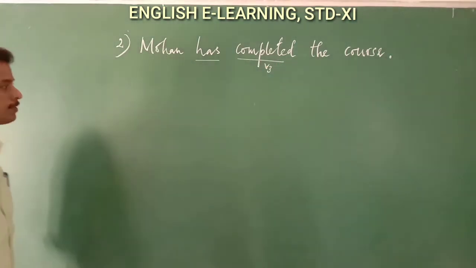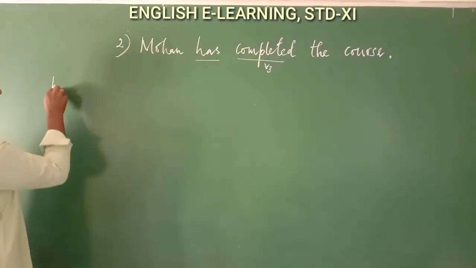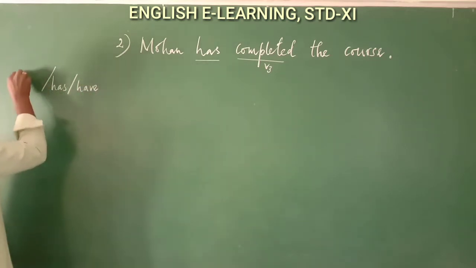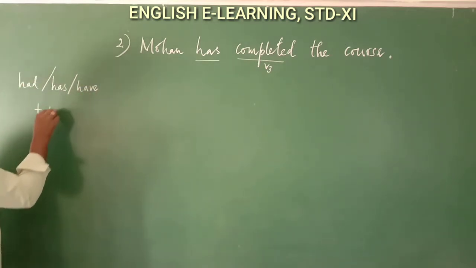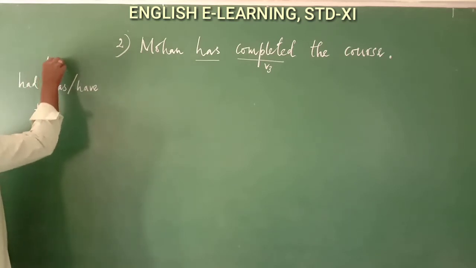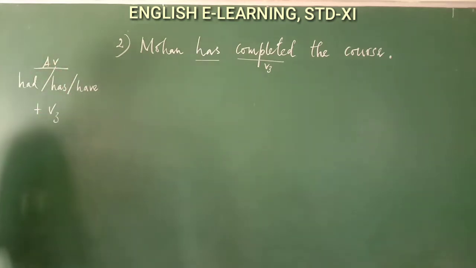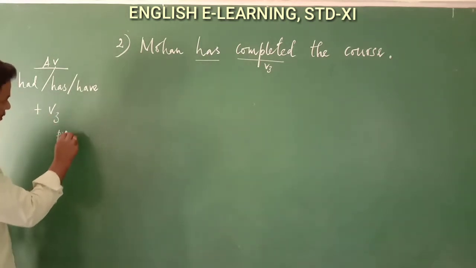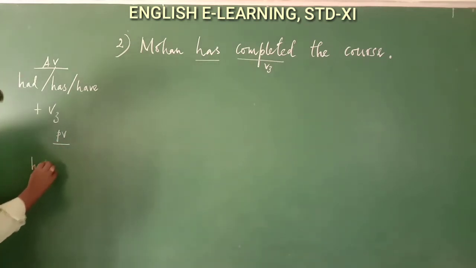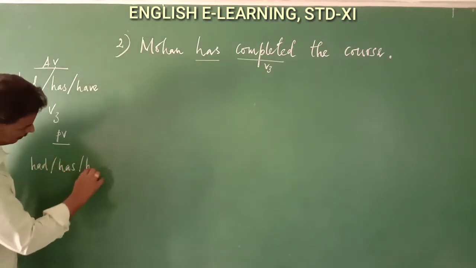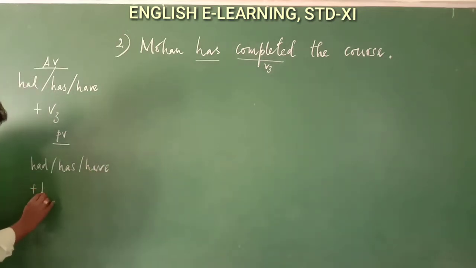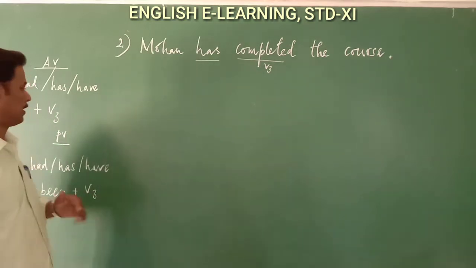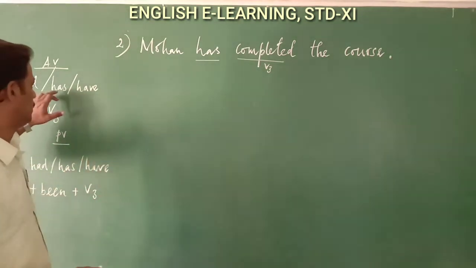So in active voice, the rule is has or have or had plus verb 3. It is the pattern of active voice. If you find any one of these, the passive construction must be had or has or have plus been plus verb 3, isn't it? Right. So look at the pattern.